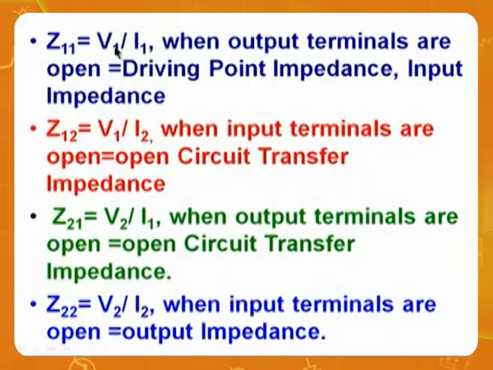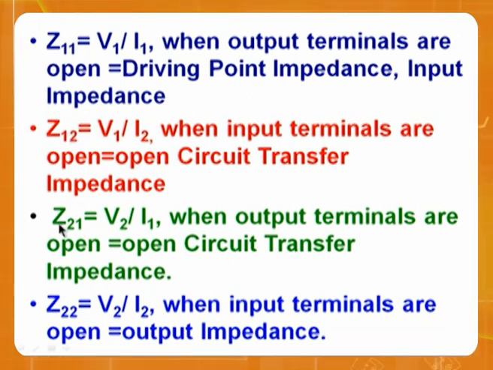And what are the names that we give? For example, if you put I2 0, V1 by I1. So I should call, when output terminals are open, that means I2 0, this impedance is called Z11. That's why it's called driving point impedance. Driving means same port. But driving point at which one? Input port. So Z12 means one to the other. So it is called transfer.